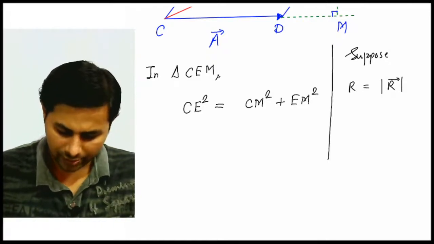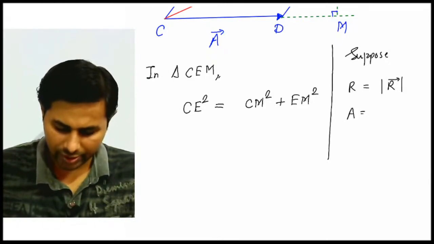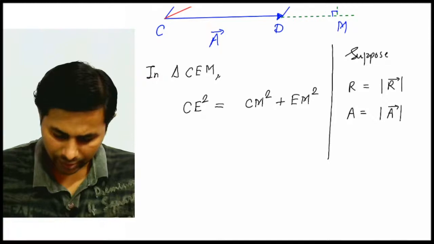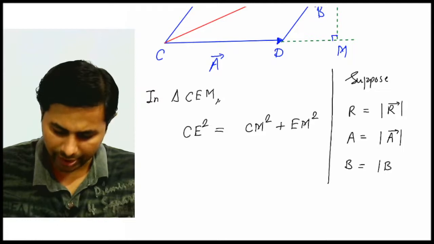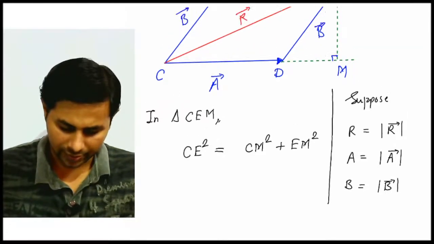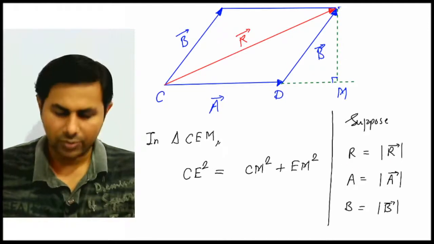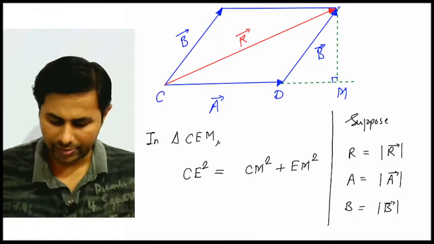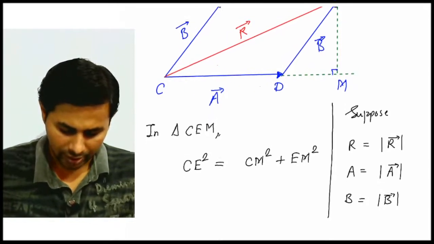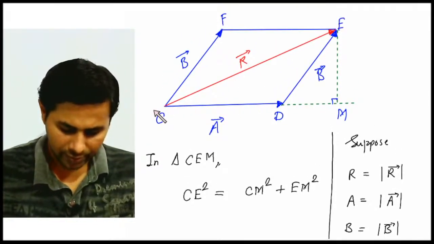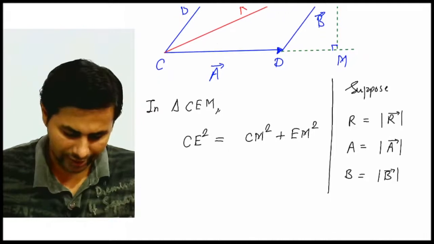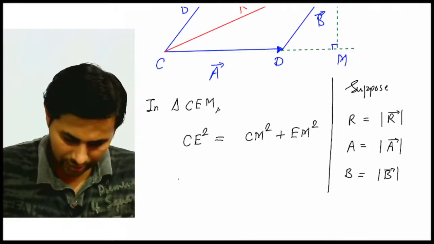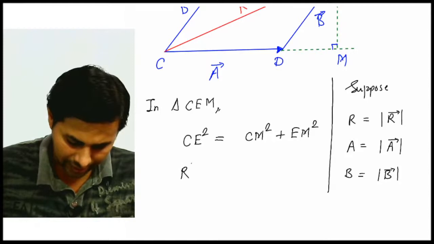So for simplicity, A equals magnitude of A bar, and then another vector that we have is B, so B equals magnitude of B bar. So here the length of this side CE is magnitude of R bar, and that's why I can write C square as R square.